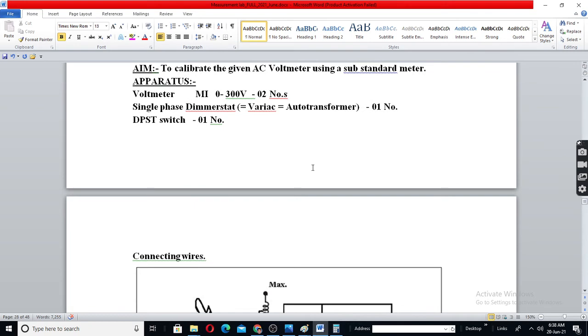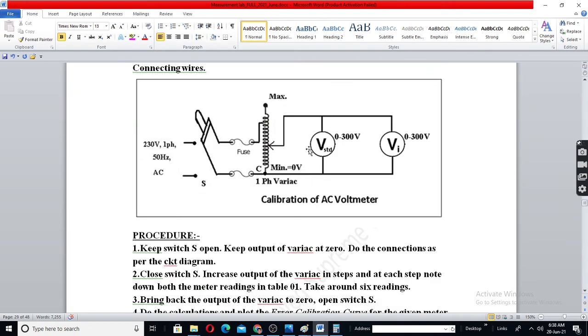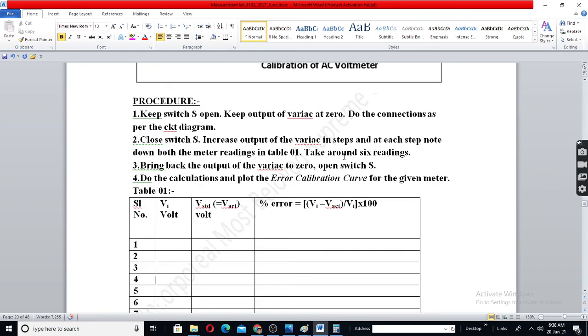For voltmeter calibration, you need a variac. By variac operation, we can get variable voltage. Hence, go on increasing the values by increasing the variac output and take readings.